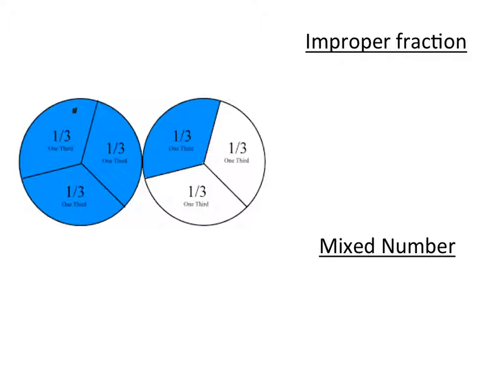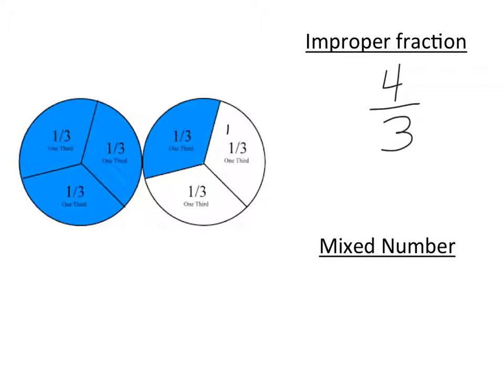We have 1, 2, 3, 4 shaded parts. Now, how many equal parts is our shape divided into? It's divided into 3 equal parts. So our denominator is 3, and our improper fraction is 4/3.